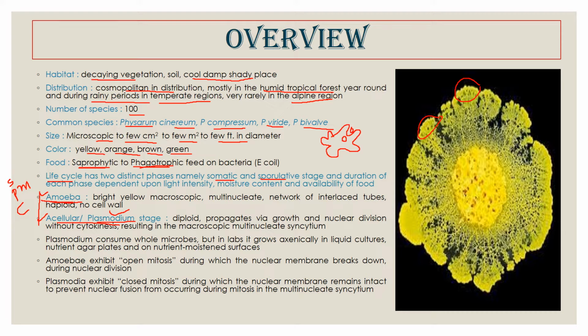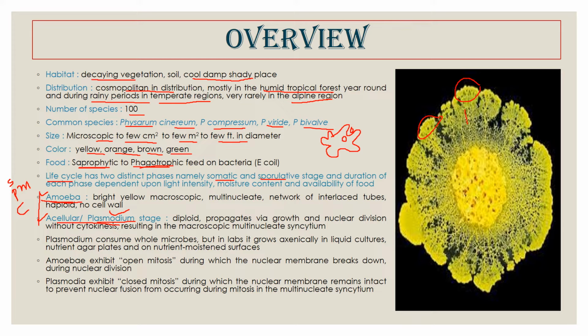The anterior portion has granular protoplasm, and the posterior portion has a network of tubes, and this streaming action that is found in the endoplasm is found here.